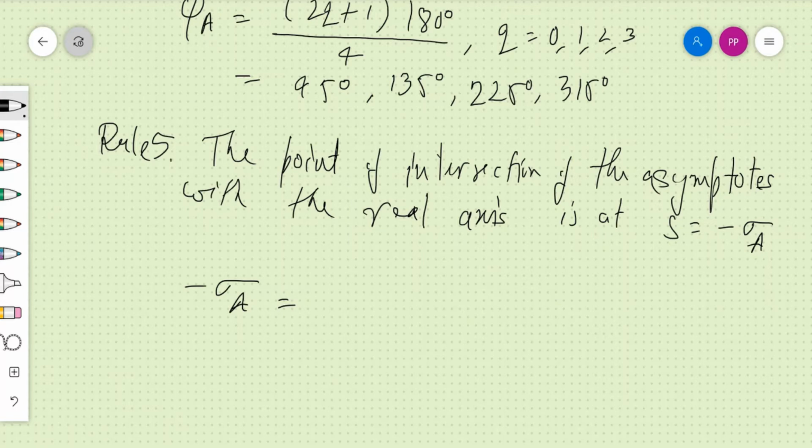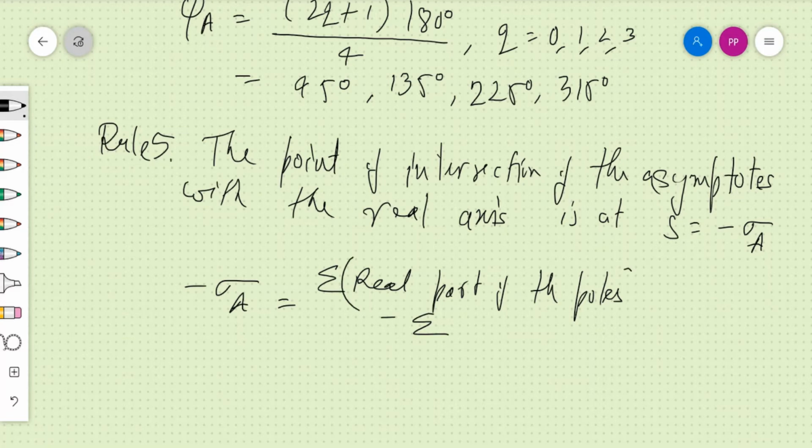Why are we speaking about real parts? Because in the summation, the complex conjugates have imaginary parts that are plus and minus, which will be cancelled. So we write sigma of the real parts of the poles minus sigma of the real parts of the zeros, whole divided by n minus m.